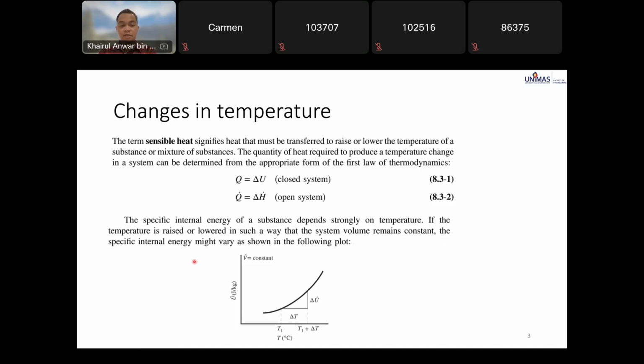If the temperature is raised or lowered in such a way that the system volume remains constant, the specific internal energy might vary as shown in the following plot.